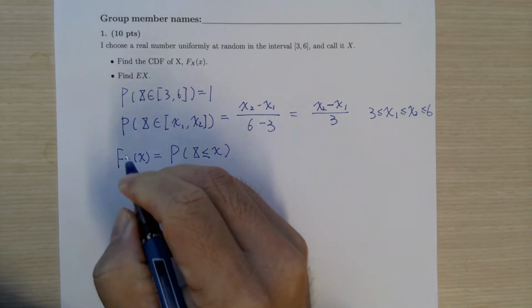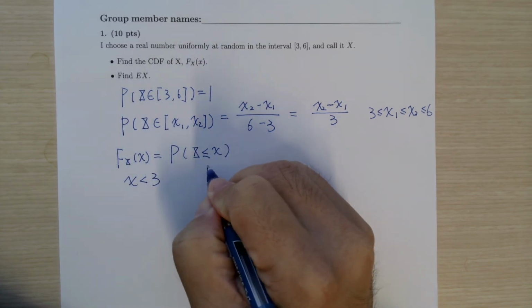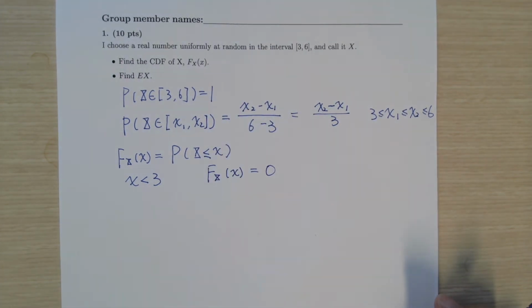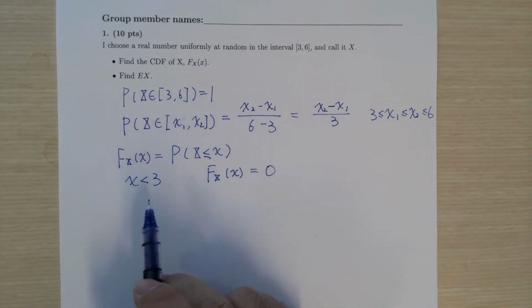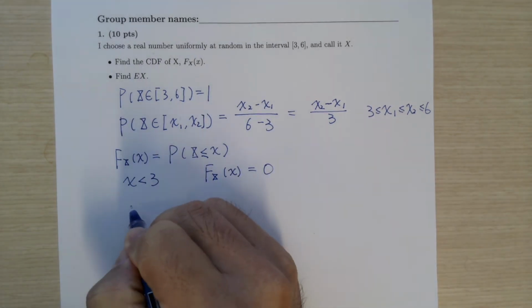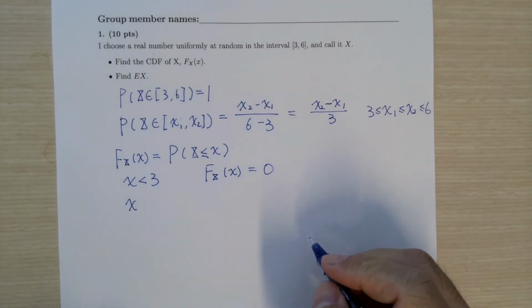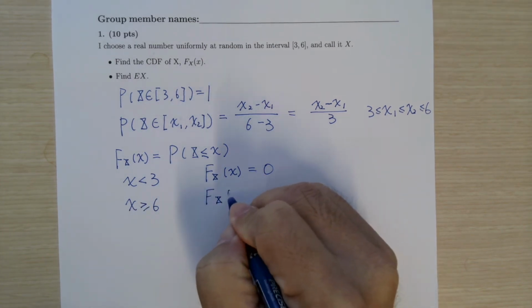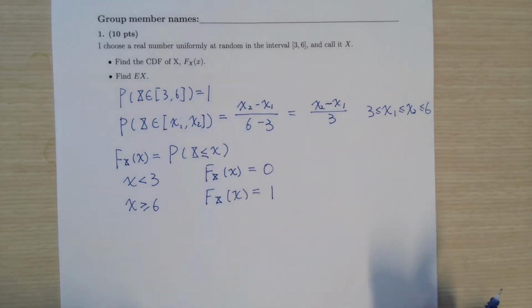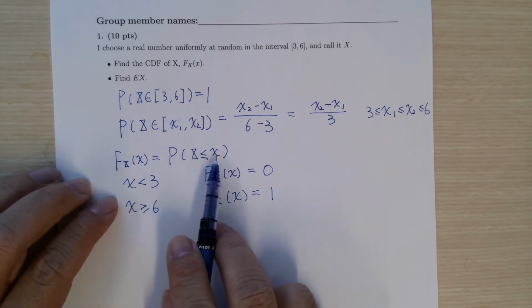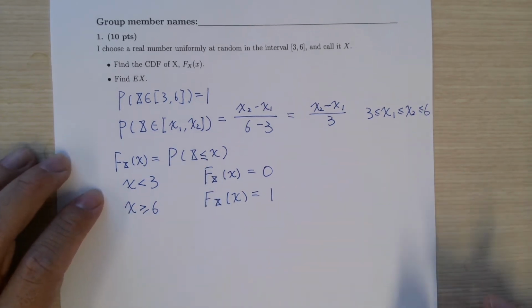When x is less than 3, you see that the CDF is going to be 0, because the probability that X is less or equal than x is always 0. Meanwhile, if x is greater or equal than 6, the CDF equals 1. So in other words, when x is greater or equal than 6, the probability that X is less or equal than 6 is 1 for sure.